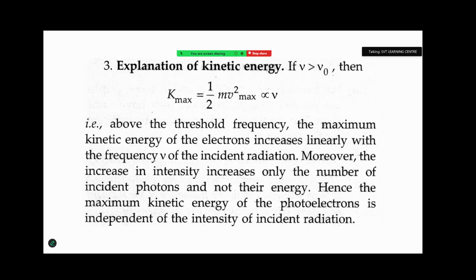Moreover, the increase in intensity increases only the number of incident photons and not their energy. So intensity only increases the number of photons, it does not increase the energy of the photon. Hence the maximum kinetic energy of the electron is independent of the intensity of incident radiation.